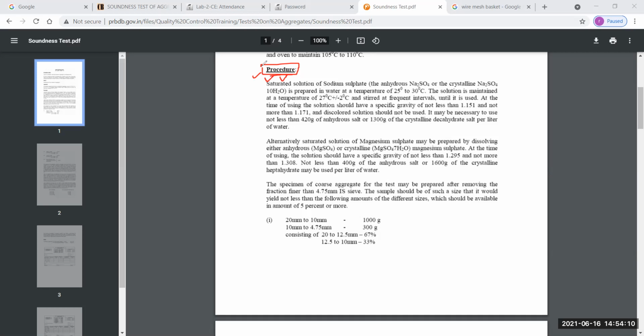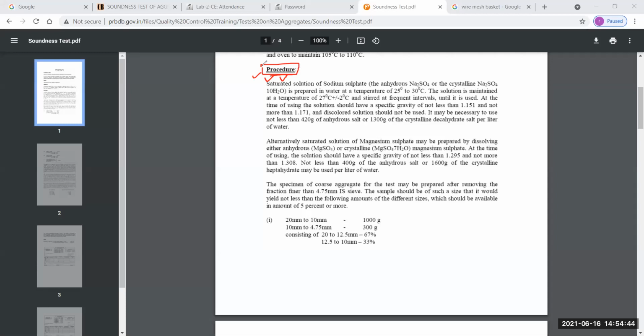The discolored solution should not be used. It may be necessary to use not less than 420 gram of anhydrous salt or 1300 gram of the crystalline decahydrate salt per liter of water. Alternatively, saturated solution of magnesium sulfate may be prepared by dissolving either anhydrous MgSO4 or crystalline MgSO4·7H2O.